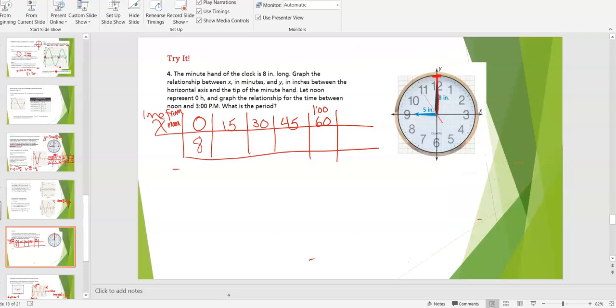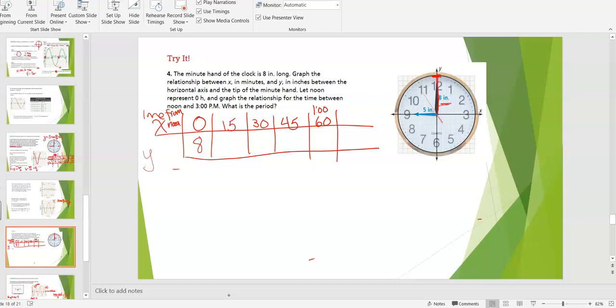Now I want you to try this one on your own. I did start, so this is the inches between the horizontal axis and the tip of the minute hand. So this time we're looking at the minute hand. That's the longer hand. It's 8 inches long. And we're going to graph the relationship between the number of minutes from noon.